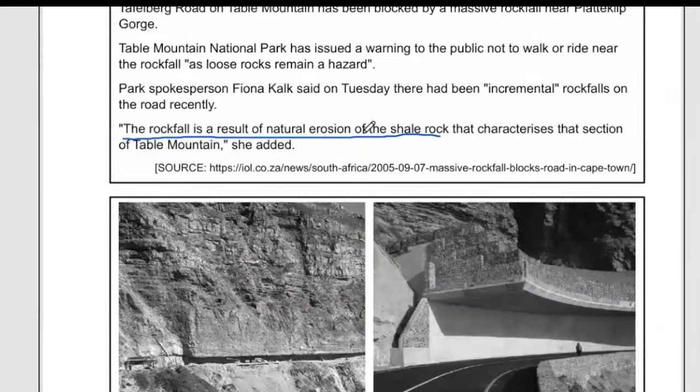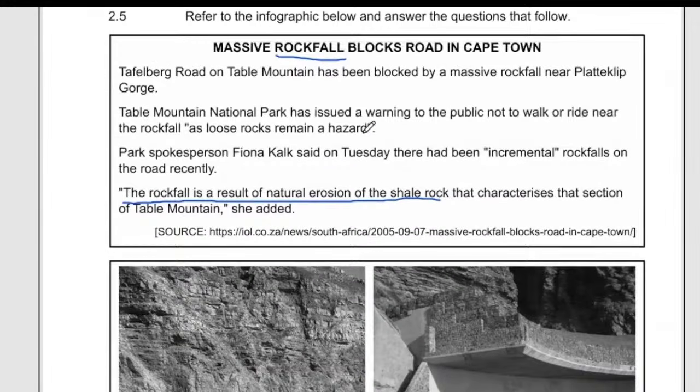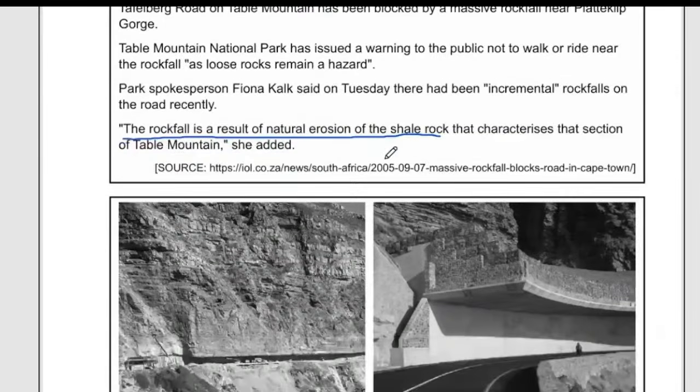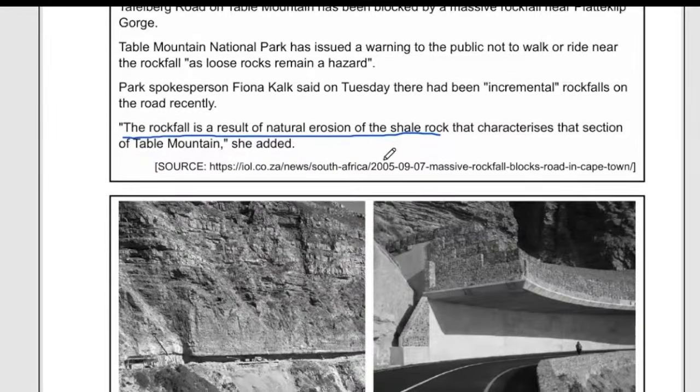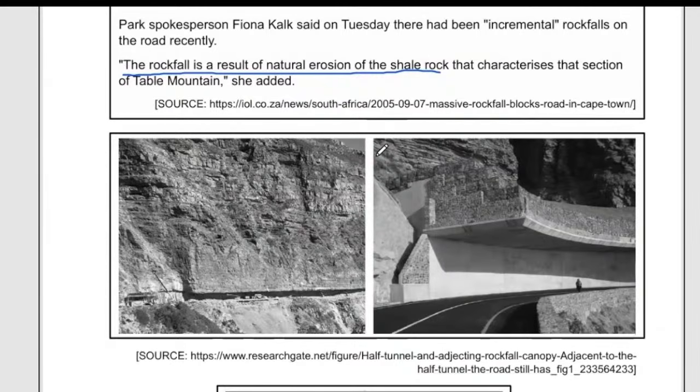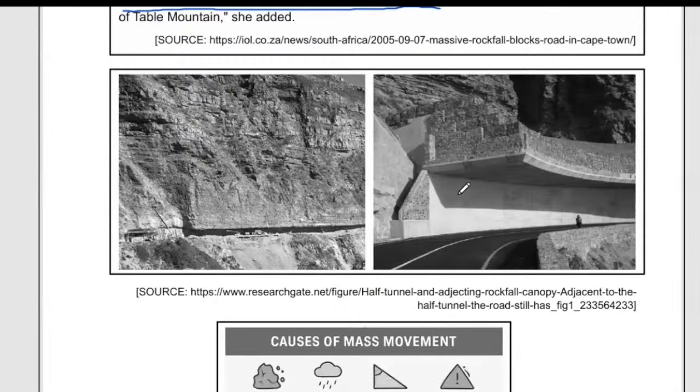According to our information there, the government has tried to find a way of dealing with the problem, trying to reduce the impact of the mass movement.